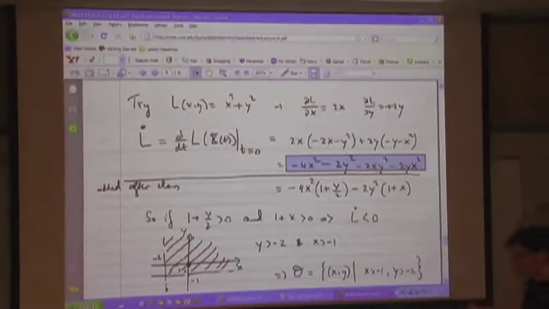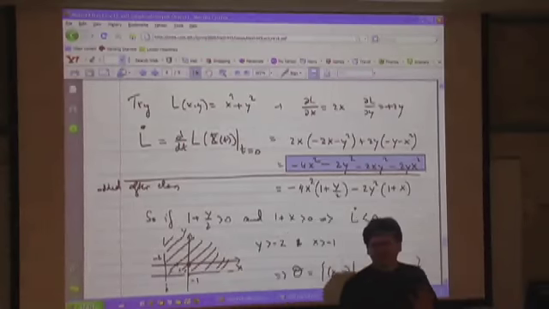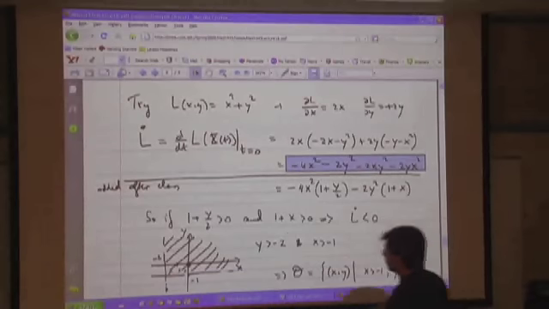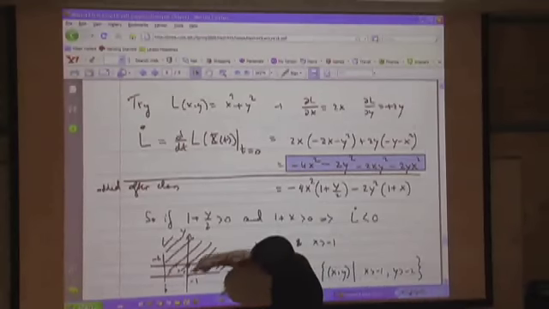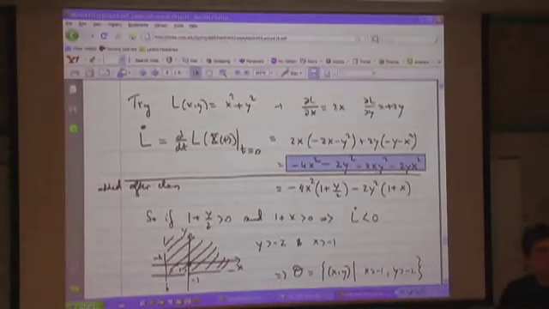Now you see that this region does not really represent the basin of attraction. So you really have to say, well, the ball of radius 1 is in this region, so the ball of radius 1 is in the basin of attraction, right?